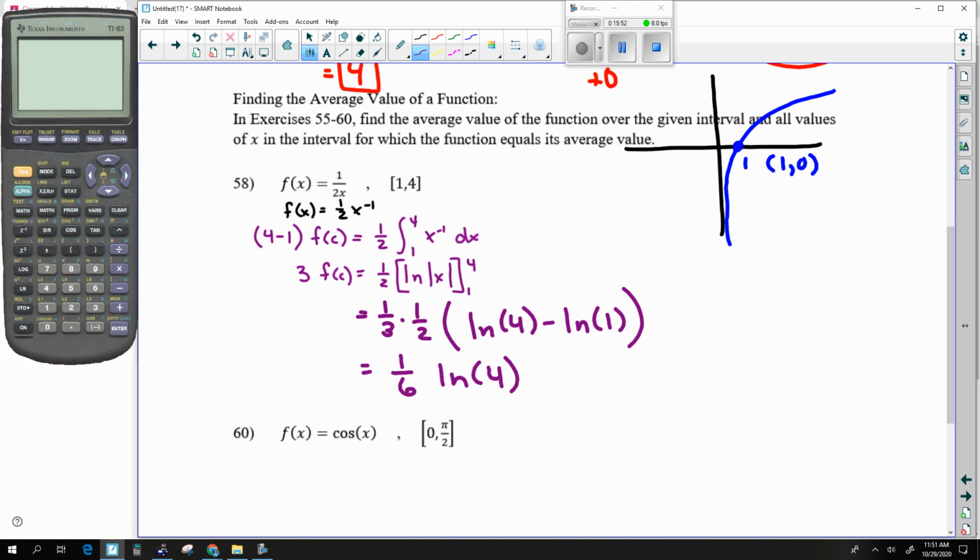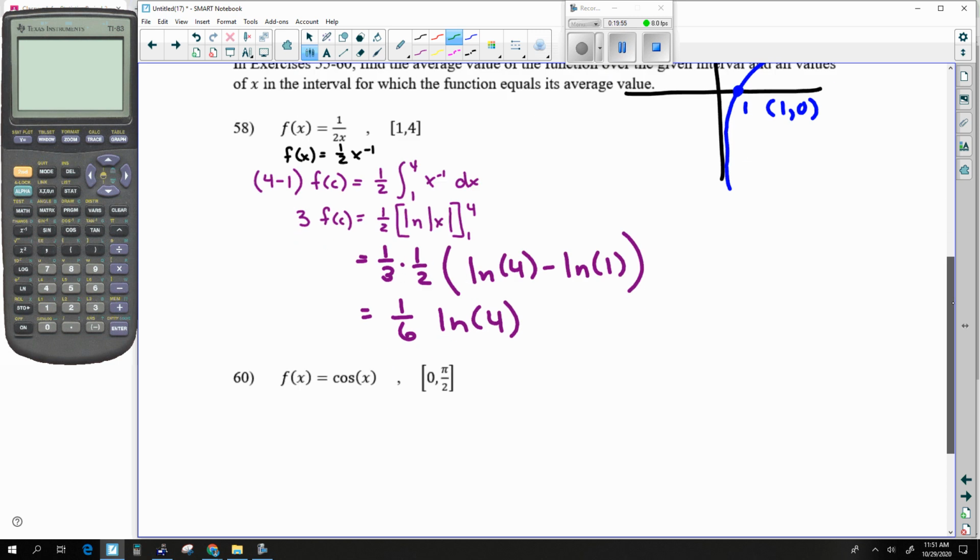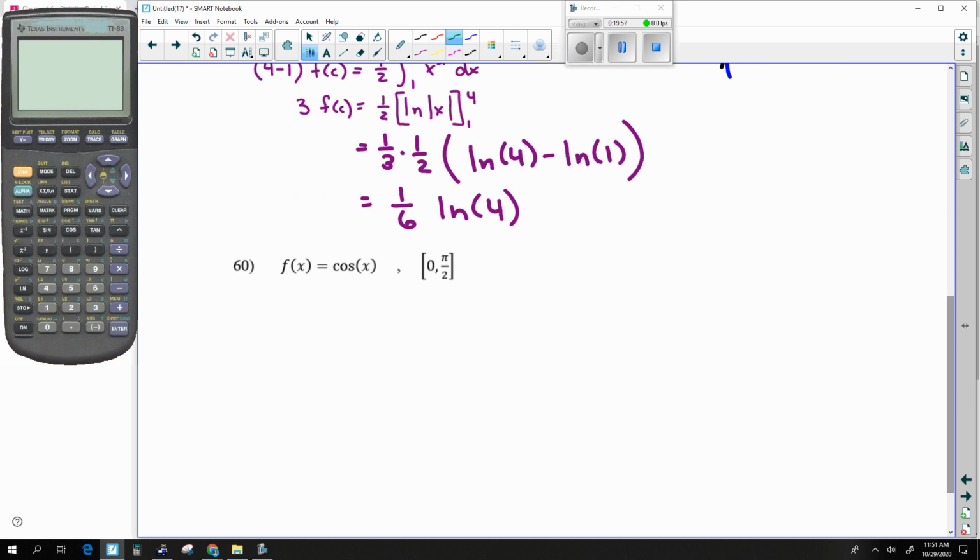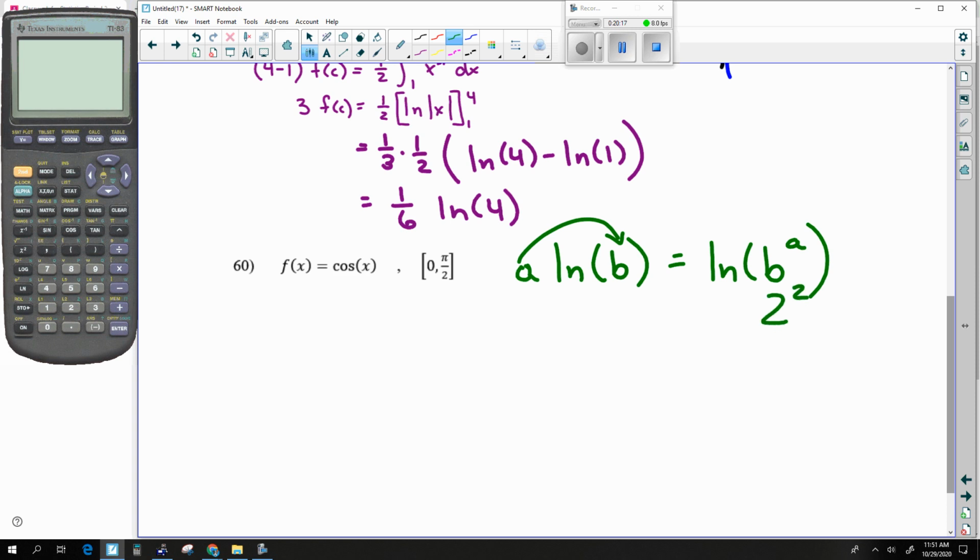However, if you recall, I think in the previous video, I was kind of breaking down an ln. The idea is that if I have ln of b to the a, you can bring the a up as an exponent. The number 4 is 2 to the 2. So you could rewrite that as 2 ln of 2.